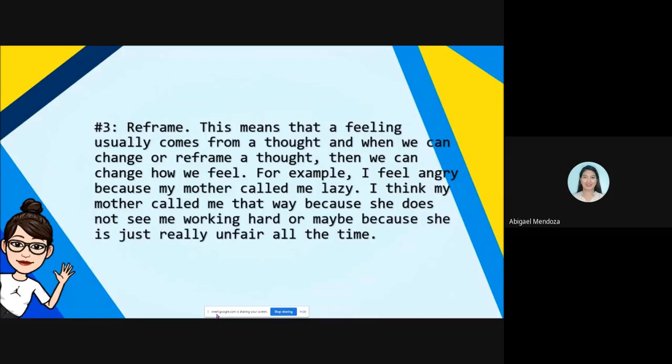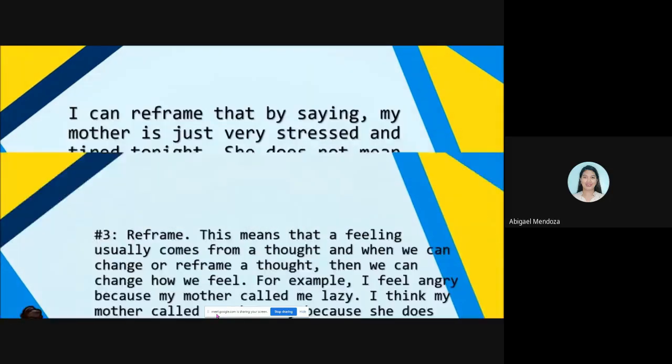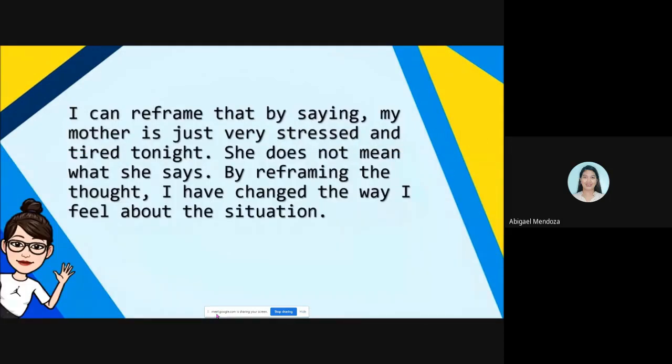I think my mother called me that way because she does not see me working hard, or maybe because she is just really unfair all the time. I can reframe that by saying, my mother is just very stressed and tired tonight. She does not mean what she says. By reframing that thought, I have changed the way I feel about the situation.